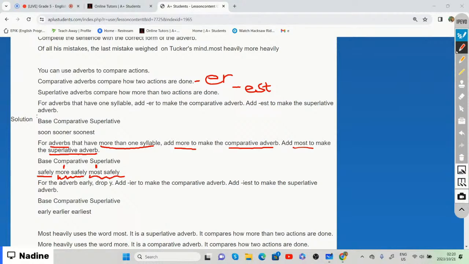All right, and for the adverb early, we would drop the Y, right? In order to make it a comparative adverb to show two actions that are done, we drop the Y and say earlier, because we add IER.